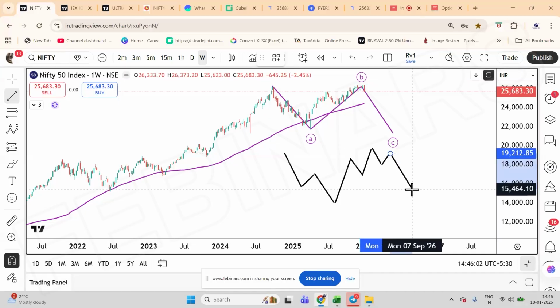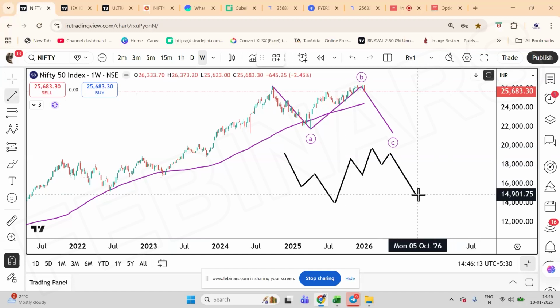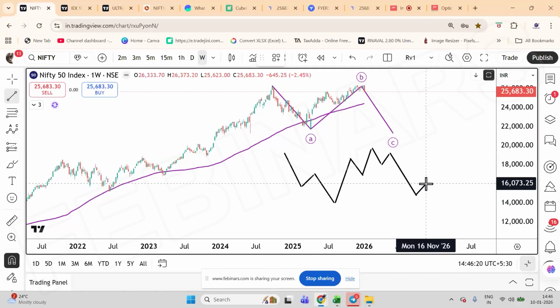I am expecting this. This is called an irregular flat or a flat correction. What is happening in the markets?